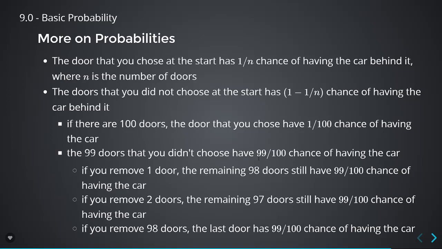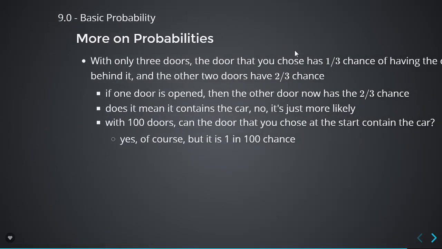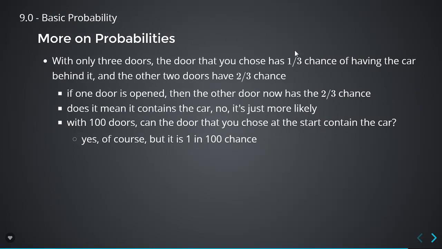You have to be able to see what the elementary event is. Okay. So that's obvious with 100 doors. With only 3 doors, the door that you choose has 1 in 3 chance of having the car. The doors that you did not choose have 2 of 3 chance. So if 1 door is opened, now you only have 2 doors left.